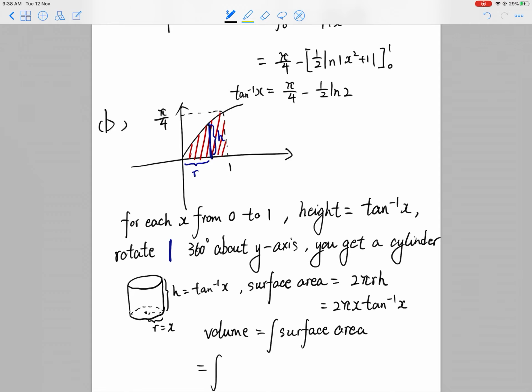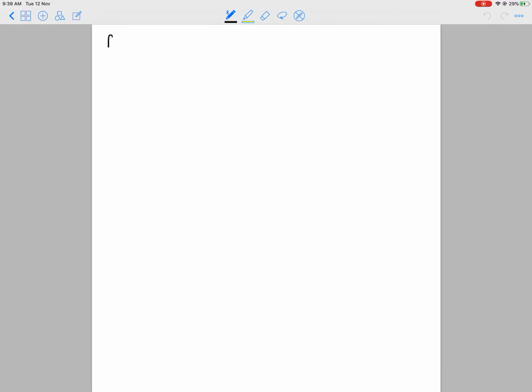Okay, so it's the integration for x from 0 to 1, cylinder surface area. Okay, so let's do this integration because it's not so easy. From 0 to 1, 2 pi x tangent inverse x.